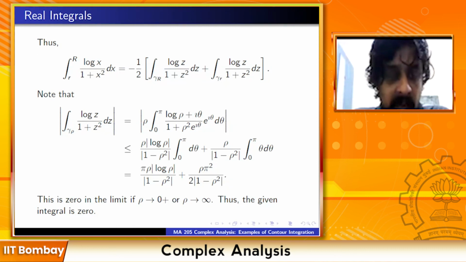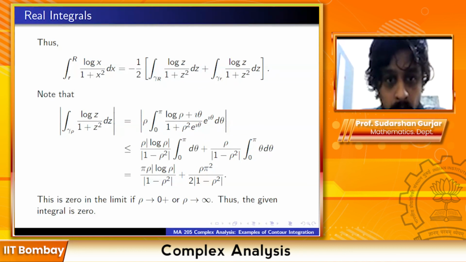In the first factor, log rho upon 1 plus rho square e raised to 2i theta will be bounded above by rho times mod log rho upon the modulus of 1 minus rho square.